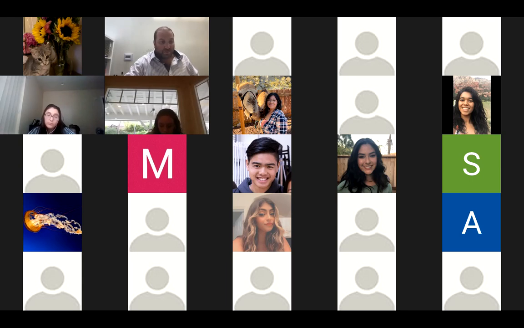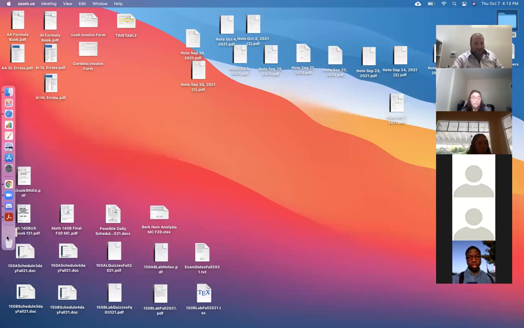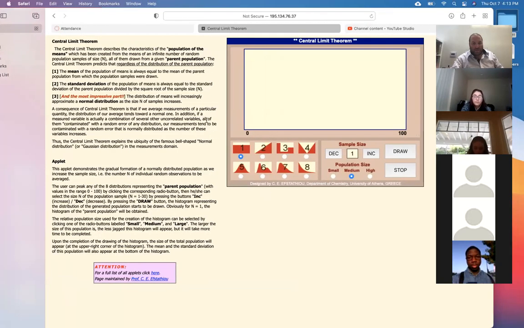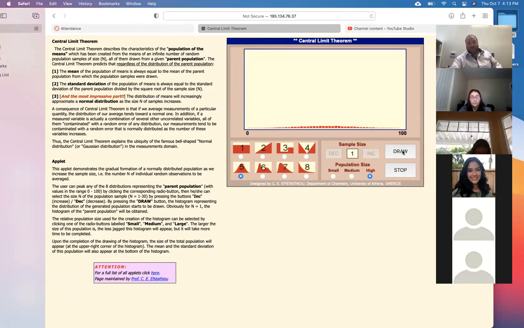I'm going to load it up here, the central limit applet. And let's share. We're going to look at a different feature of this today. We're going to start with number 5, which is a bell curve.